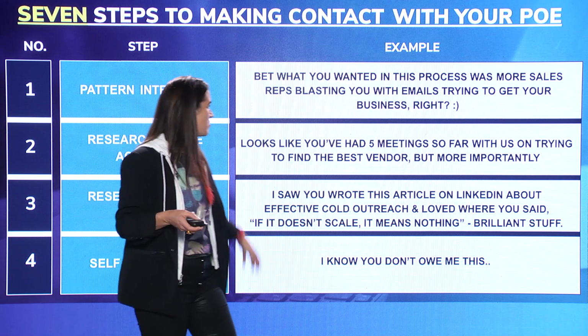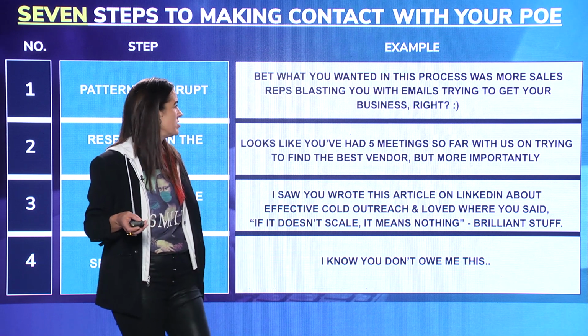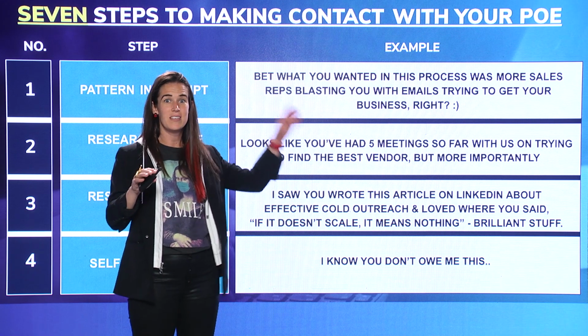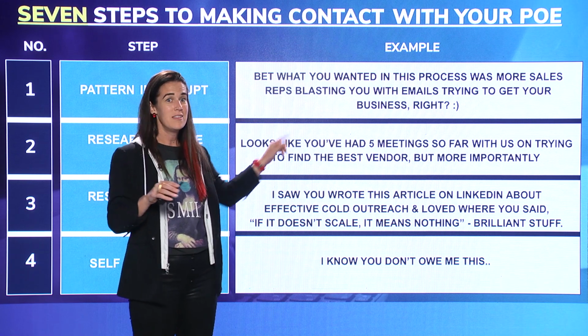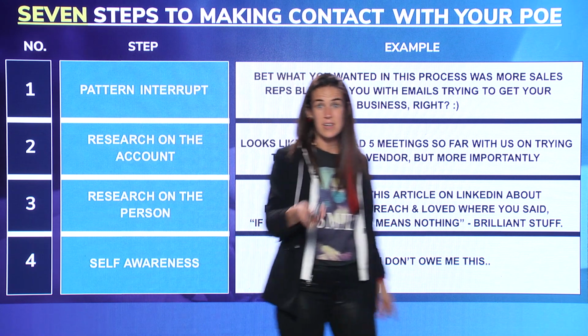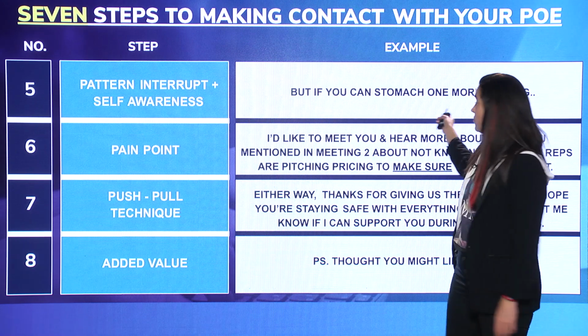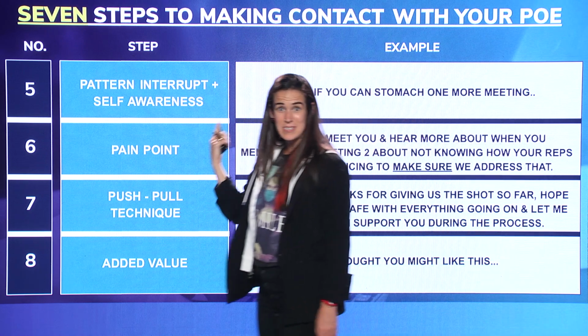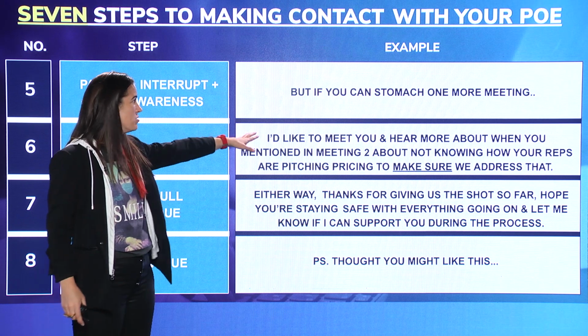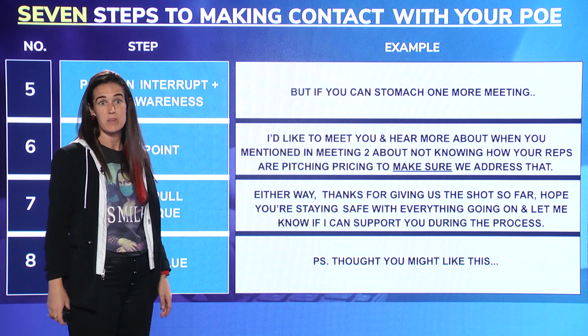More importantly, "I saw you wrote this article on LinkedIn about effective cold outreach and loved where you said, if it doesn't scale, it means nothing. Brilliant stuff." So not only is this someone who's self-aware, this is someone who has researched who I am. "I know you don't owe me this, but if you can stomach one more meeting, I'd like to meet you and hear more about when you mentioned in meeting 2 about not knowing how your reps are pitching, to make sure we address that."